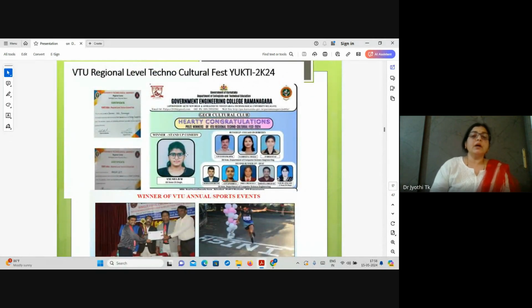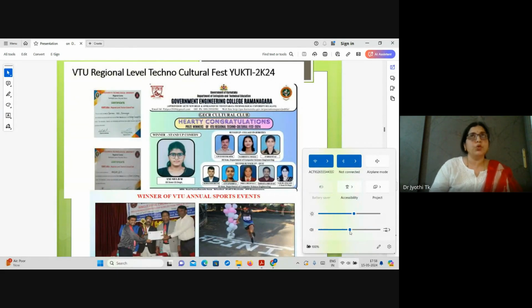Then in order to encourage students, usually we display posters of the students who have won prizes as well as those who are the toppers at the semester end exams, or the final year students who are the toppers at the college level. We make posters and we display them in the college entrance notice board and department notice board.